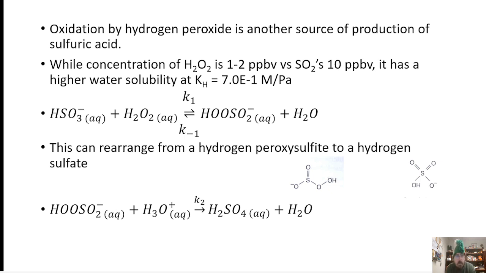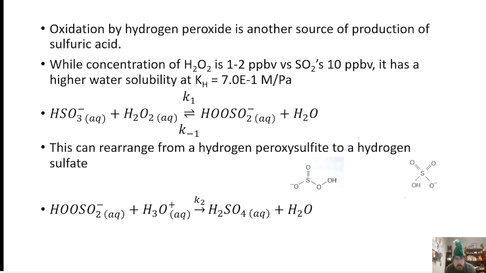But some of these will also be oxidized by hydrogen peroxide. It's another source for the production of sulfuric acid. While the concentration of hydrogen peroxide is rather low, 1 to 2 parts per billion by volume compared to sulfur dioxide's 10, it has a much higher water solubility.